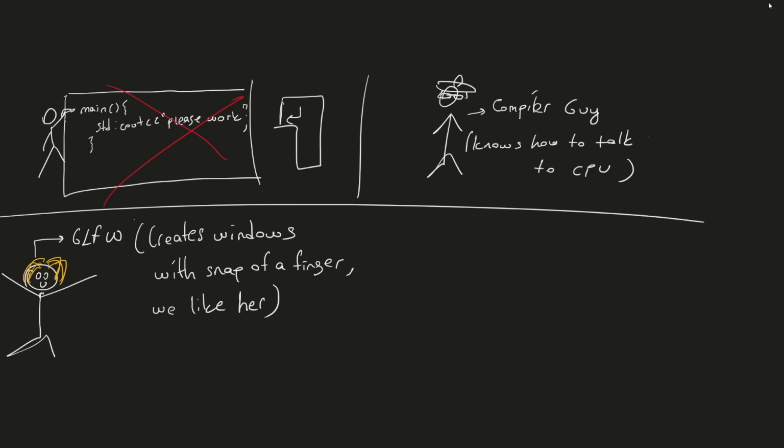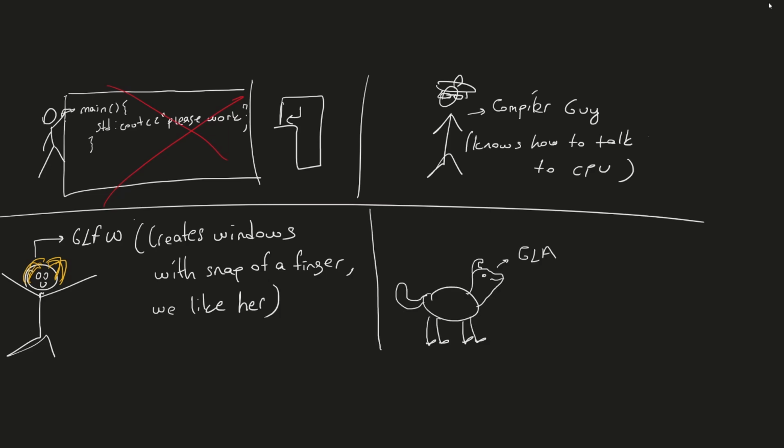Alright, we can write and compile code and create windows now. What else do we need to draw a quad to the screen? I guess we need to talk to that hardware part that draws stuff and also does some AI shenanigans for a while now. Yes, it is the GPU that I'm talking about. And like any other thing on the planet of software, the GPU doesn't understand English.